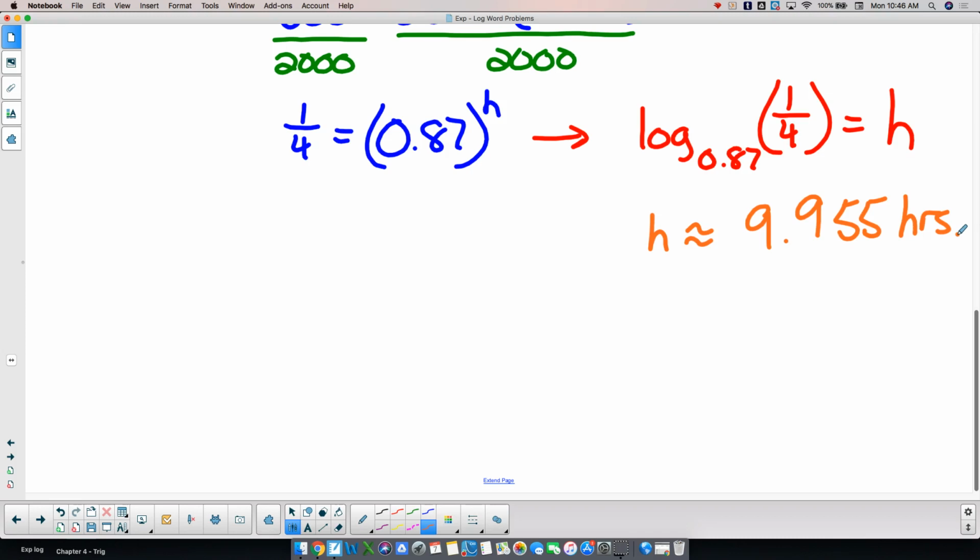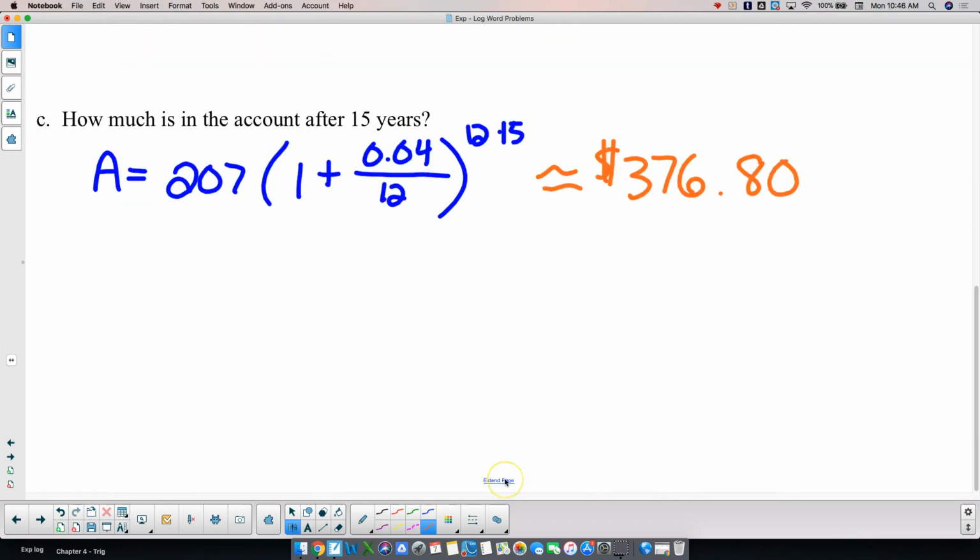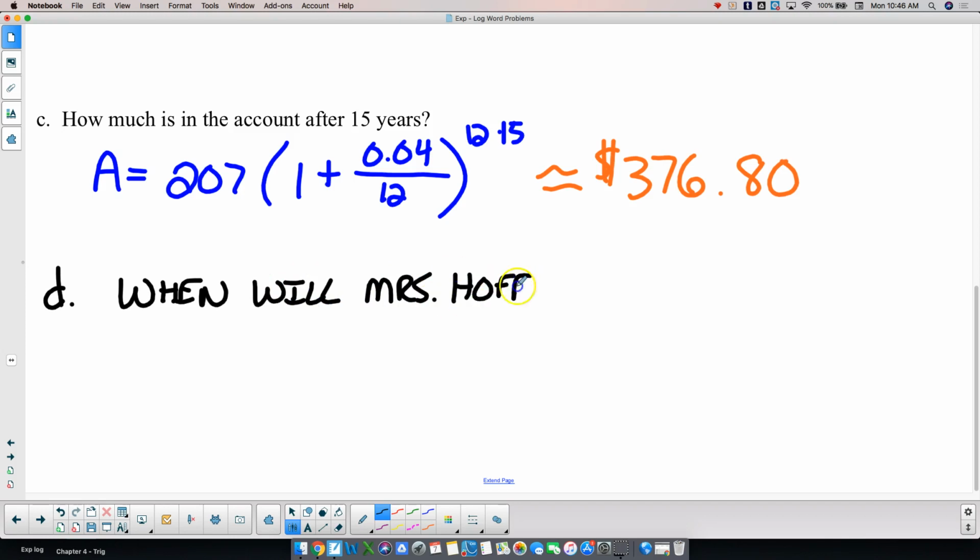Okay. We can go back one more problem, and this is now going to be D. When will she have enough money to buy a $500? What does she want to buy? $500. A phone? Okay.